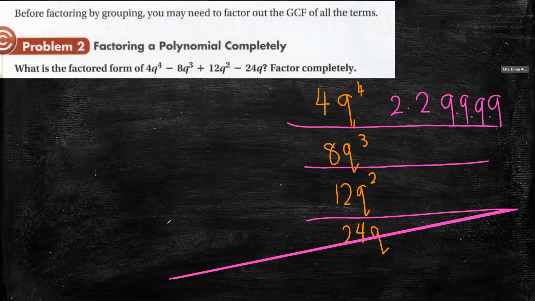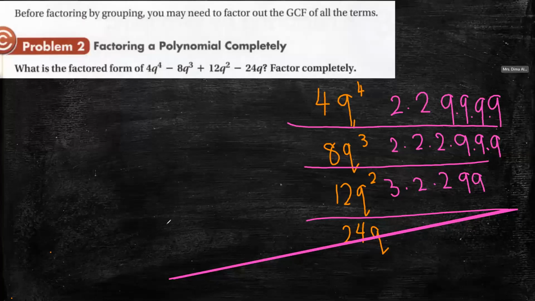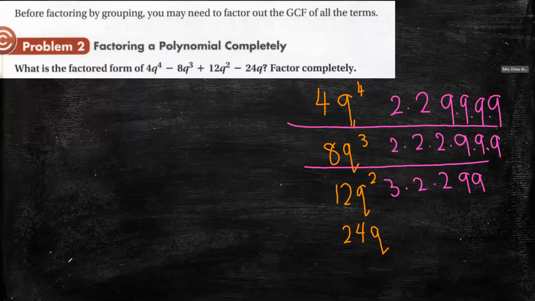Then it is 2 times 2 times 2 times q times q times q. Here we have 3 times 2 times 2 times q times q. And here we have 3 times 2 times 2 times 2, which is 3 times 8 times the q.